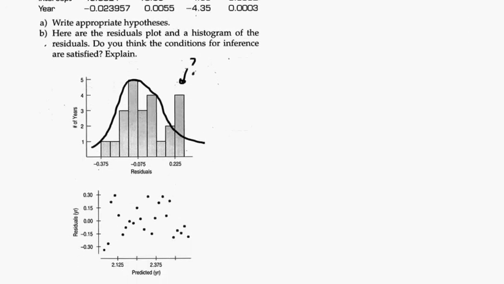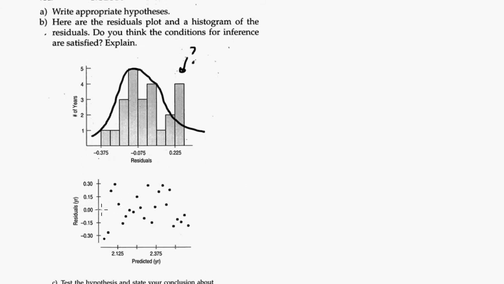One is with a histogram, and what we'd like to see is a model that's unimodal and symmetric. So we do have a little bit of an issue right here. And then the other way we look at them is we put a line through here. This is 0. Then we want to see if there's a pattern, and it doesn't look like we really see a pattern.